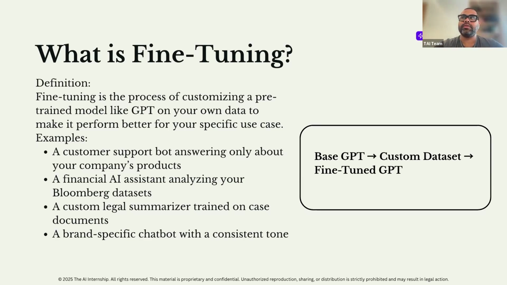For example, a customer support bot answering about your company's products that also has your brand preferences, branding, and narrative structure built into the model. Another could be a financial AI assistant analyzing your specific Bloomberg datasets, so you can create a custom model for you.